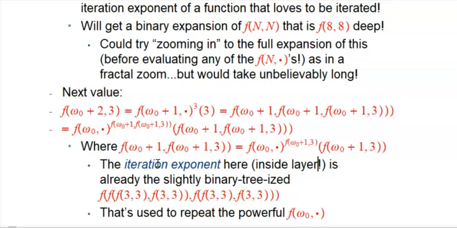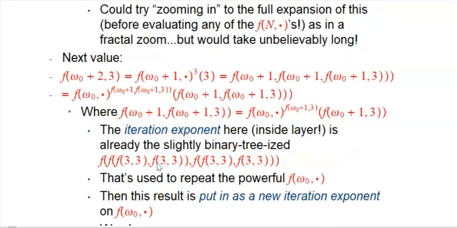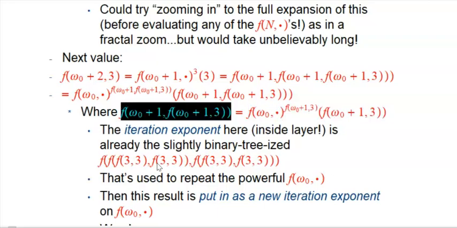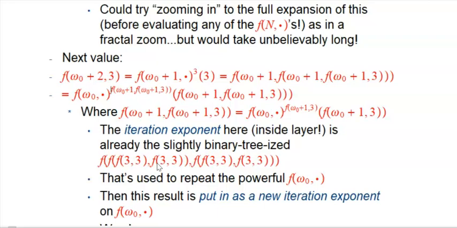Then that gets used as how many times you iterate the beautifully powerful omega naught, which creates huge binary trees of f of blah comma blah, and then that iteration is creating this thing, and finally that is used as an iteration exponent again on the omega naught.